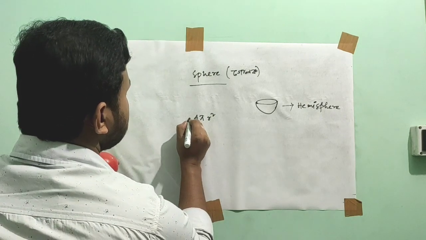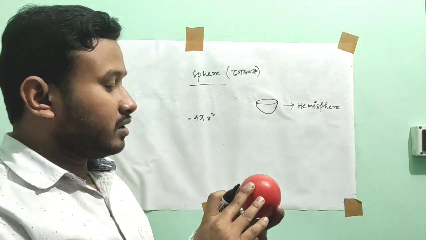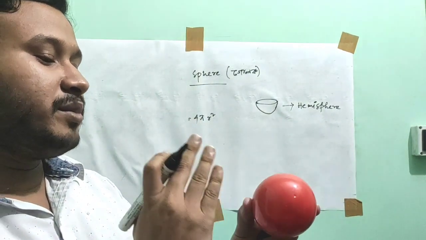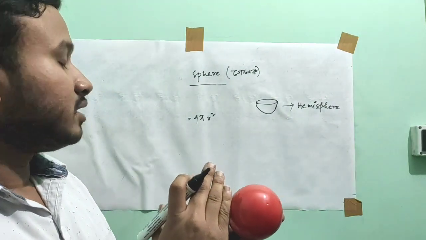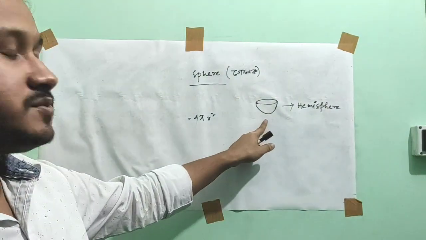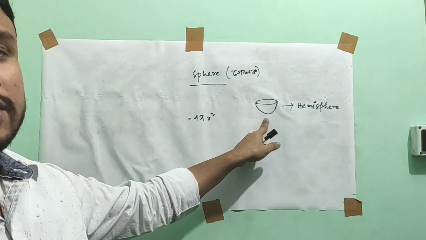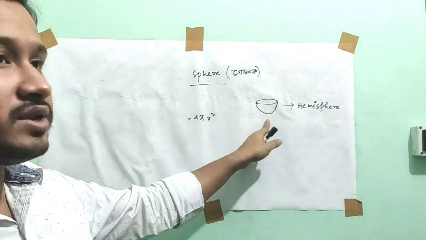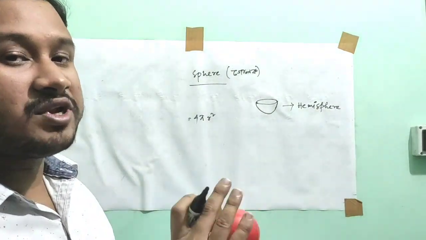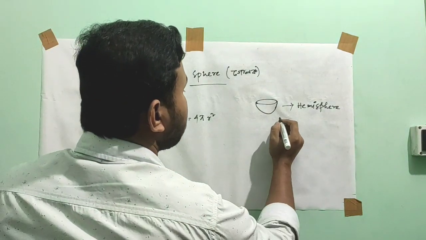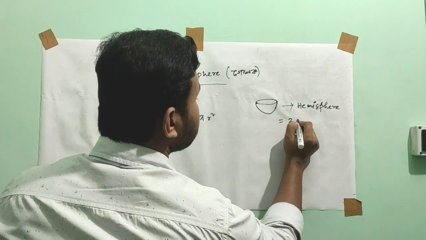And now if we cut from the middle, it will look like this hemisphere, and for this hemisphere there will be a surface area. If it is an empty hemisphere, then this would be 2 pi r square.